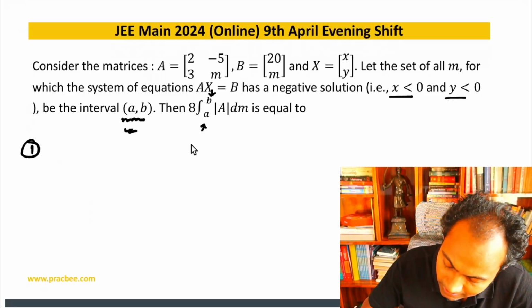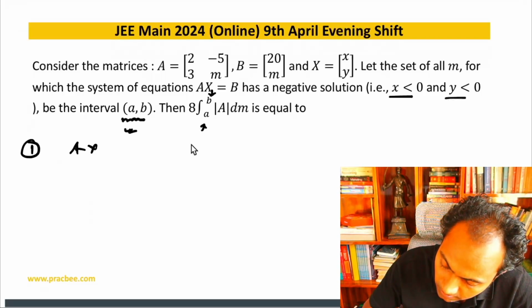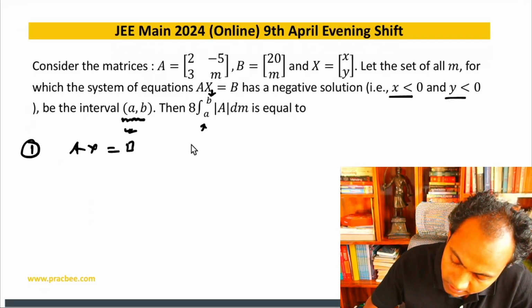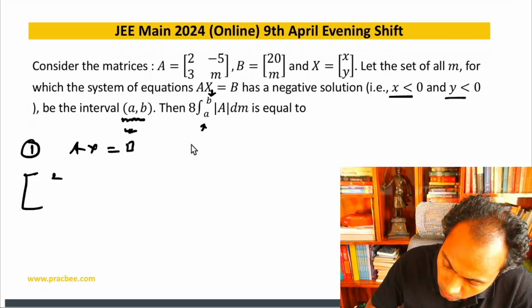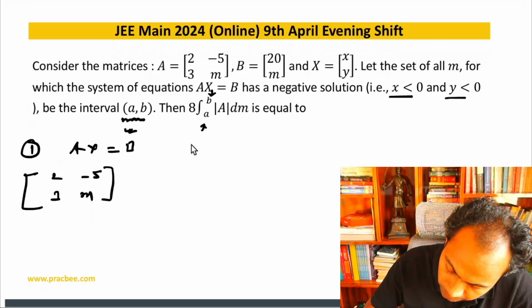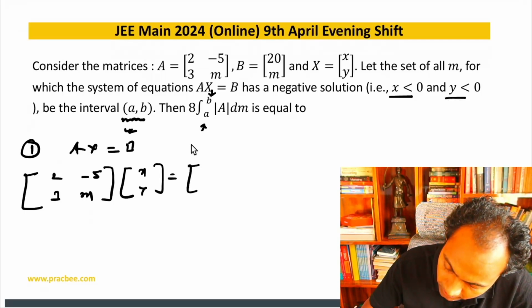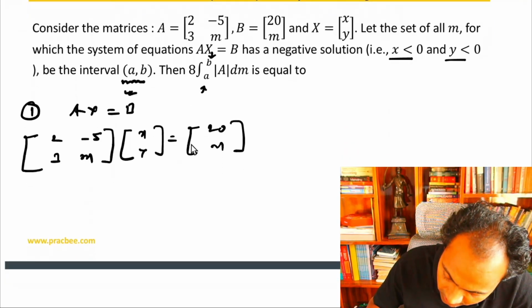Now if you write Ax is equal to b, this will mean the matrix 2, -5, 3, m times x, y. This will be equal to b, that is 20, m. If I simplify this, it is going to become 2x minus 5y is equal to 20.